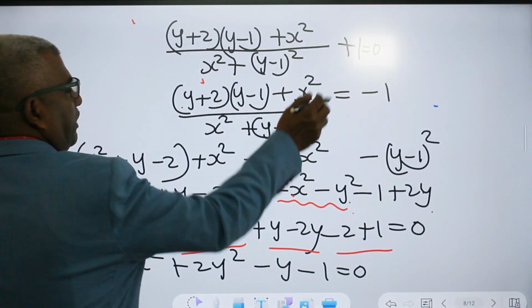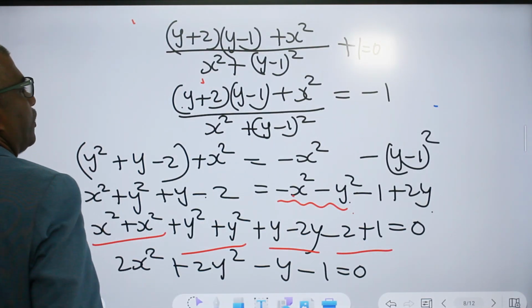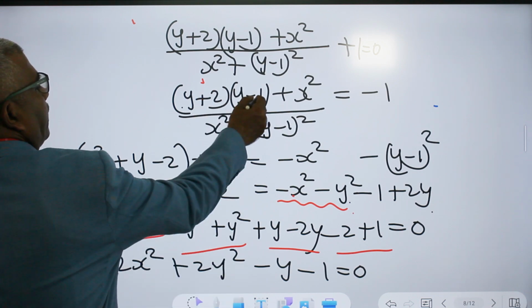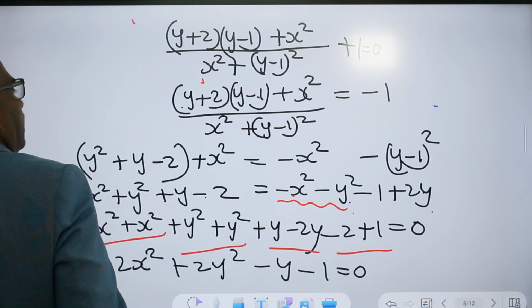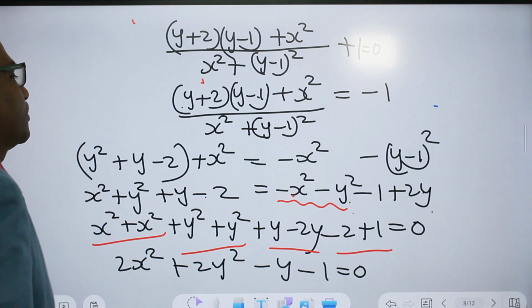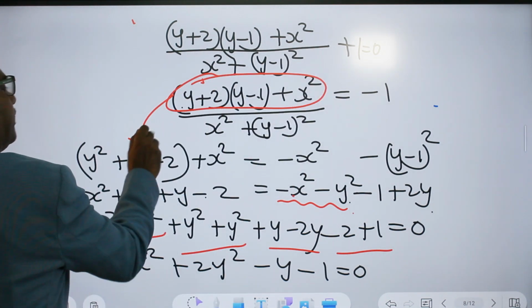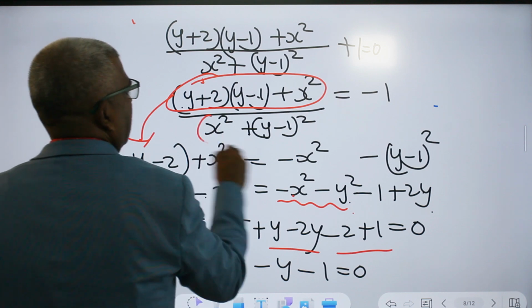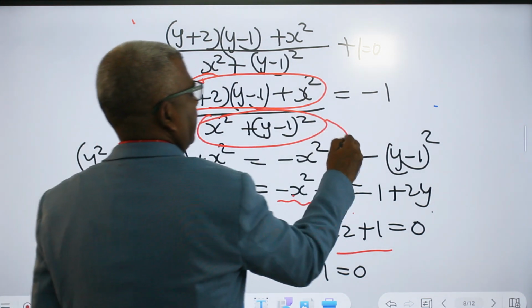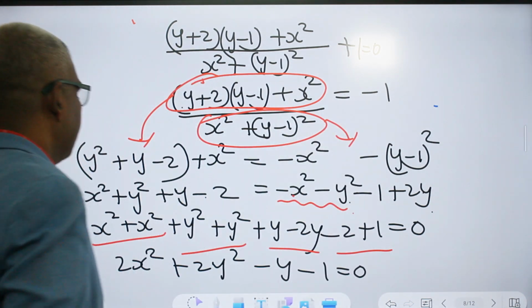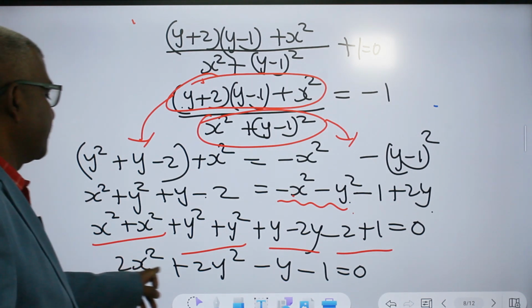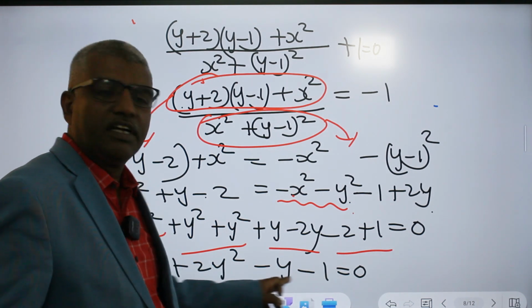Then cross multiplied, x squared plus y squared, this I expanded, y squared plus y minus 2 plus x squared. If we cross multiply this one, then I rearrange 2x squared plus 2y squared minus y minus 1.